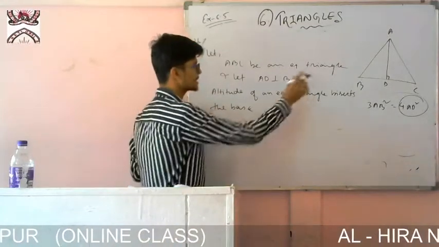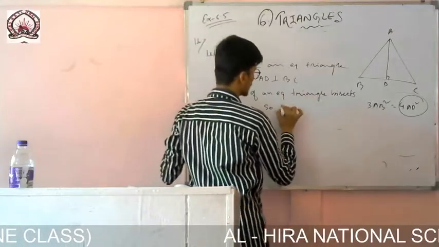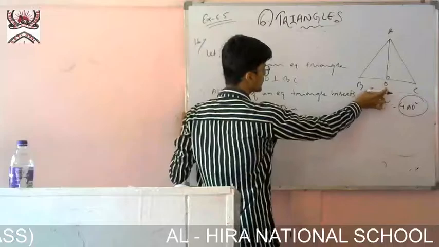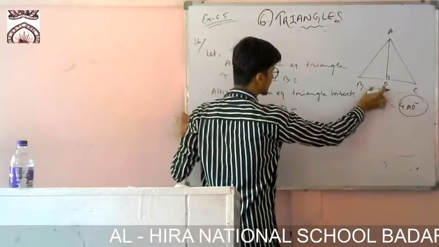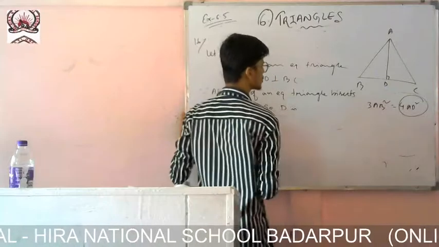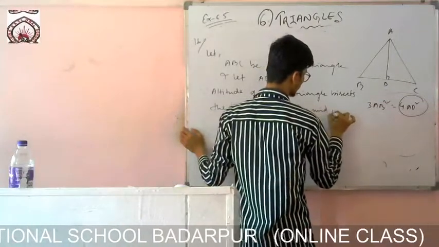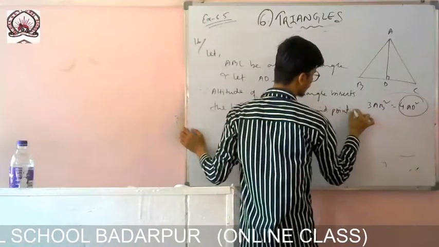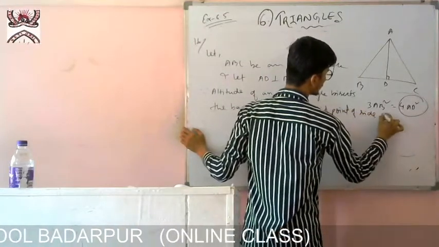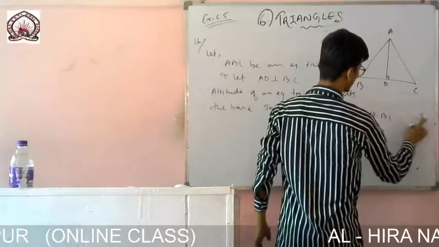So if it bisects the base, that means D is a midpoint. If this line bisects BC, that means D is a midpoint of side BC.